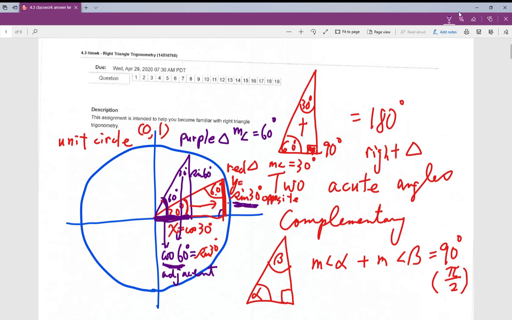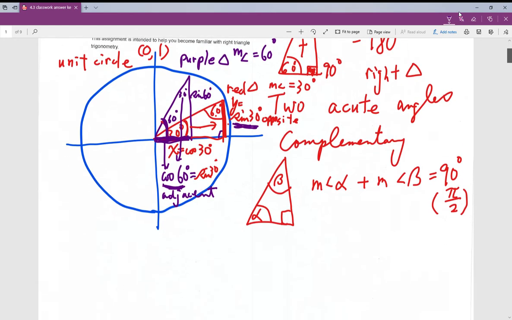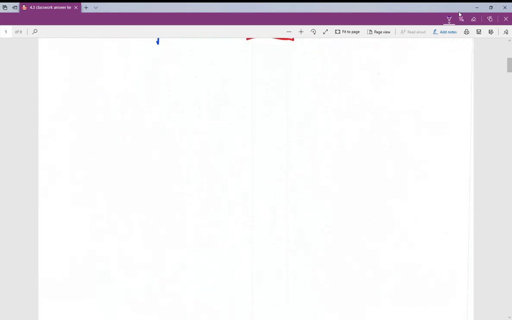Now, my picture is a little messy, so I would like to explain these two one more time. We still have more space. So one more time.